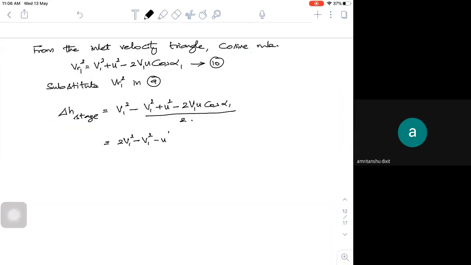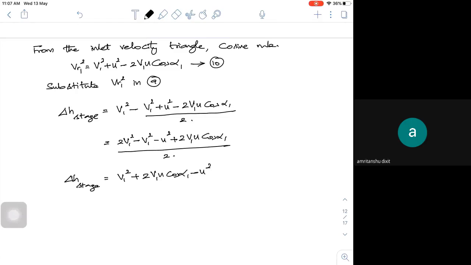Minus U square, plus 2 V1 U cos alpha 1, the whole thing divided by 2. 2 V1 square minus V1 square is only V1 square. That is, delta H stage is equal to V1 square plus 2 V1 U cos alpha 1 minus U square by 2. So this will be my expression for delta H stage. I can simplify further.